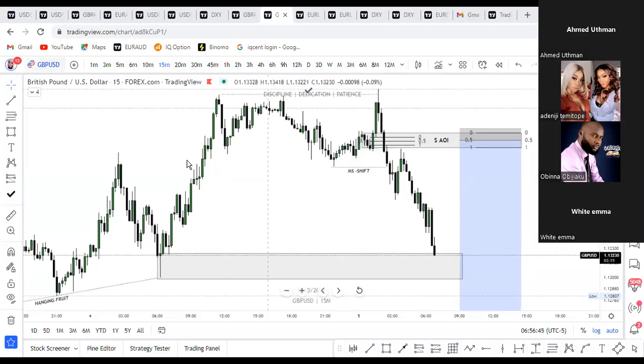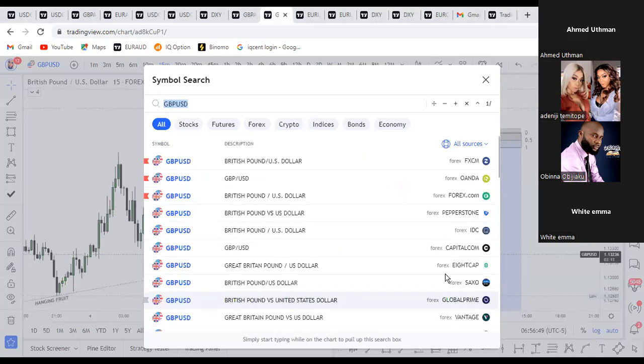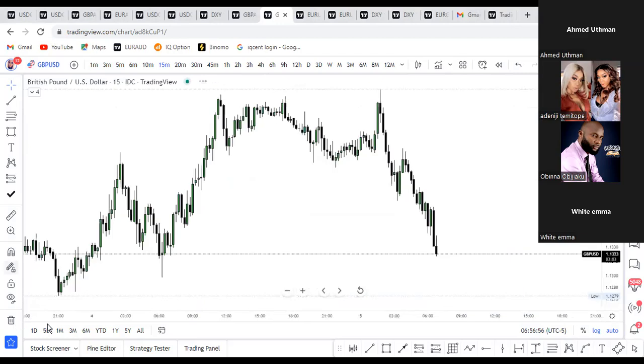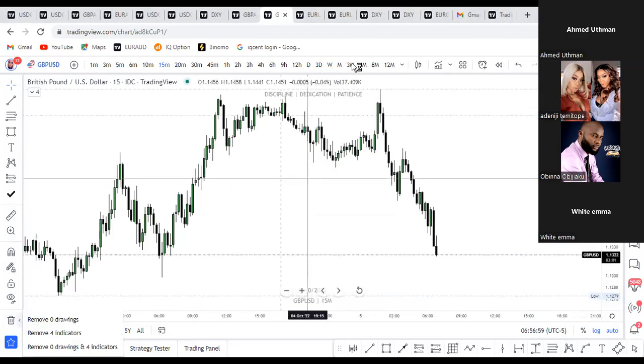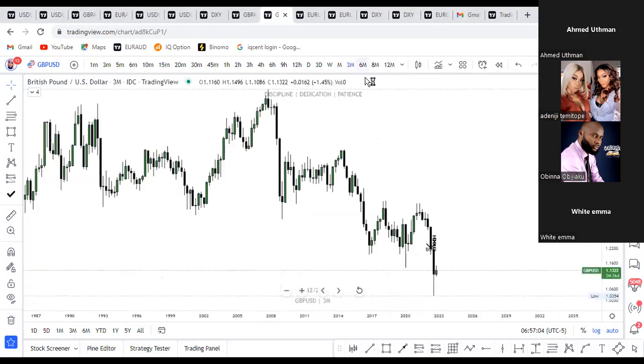So I'm going to use a blank chart now to illustrate liquidity. Let me use this broker. Now we look at this broker, 3 months.